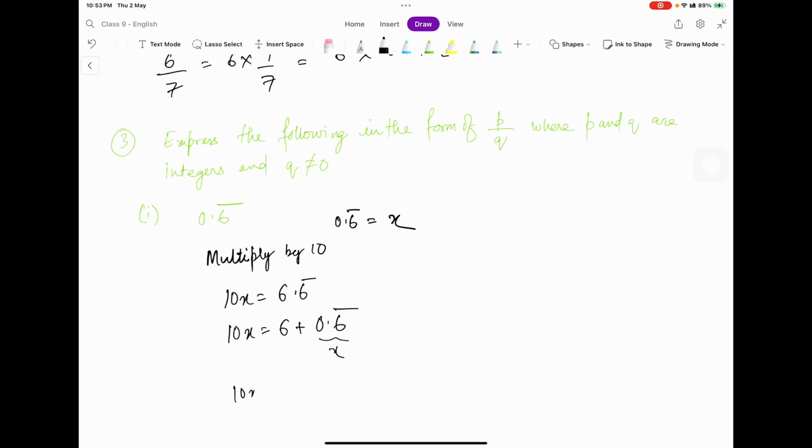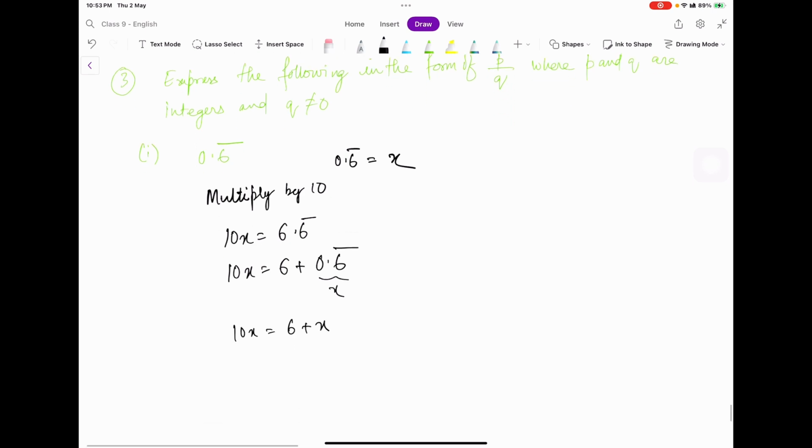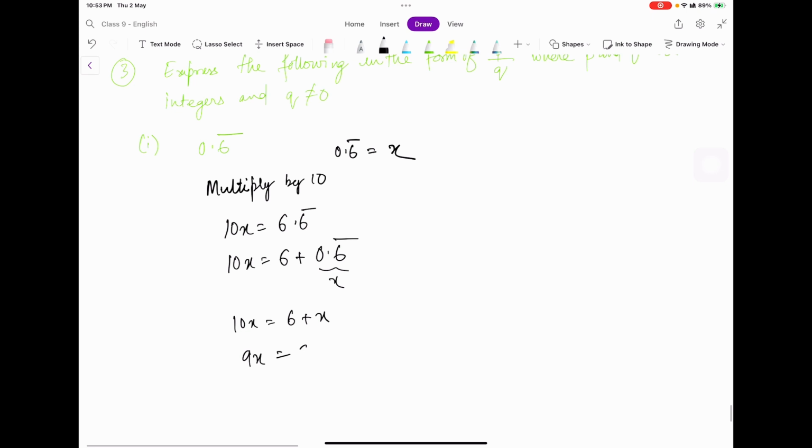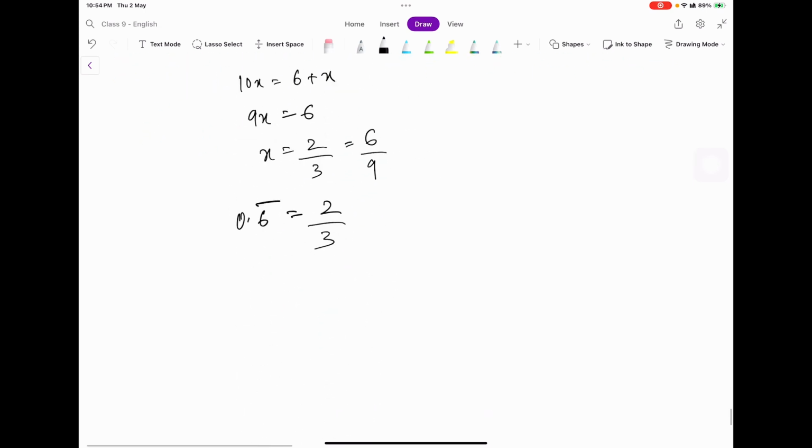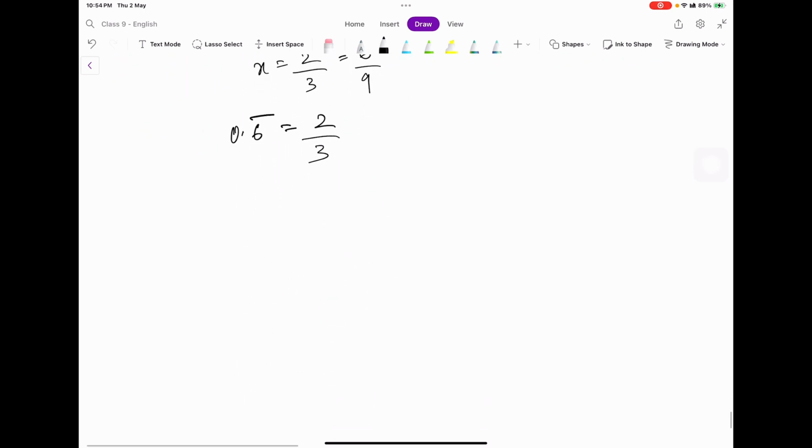So 10x equals 6 plus x, 9x equals 6, so x equals 2 by 3, that is 6 by 9. So 0.6 bar is 2 by 3. Understood?